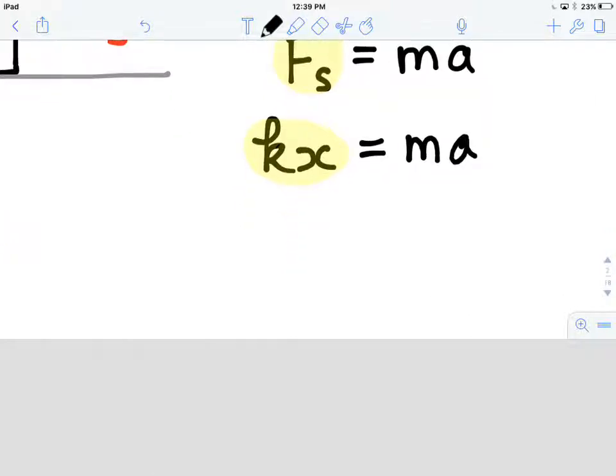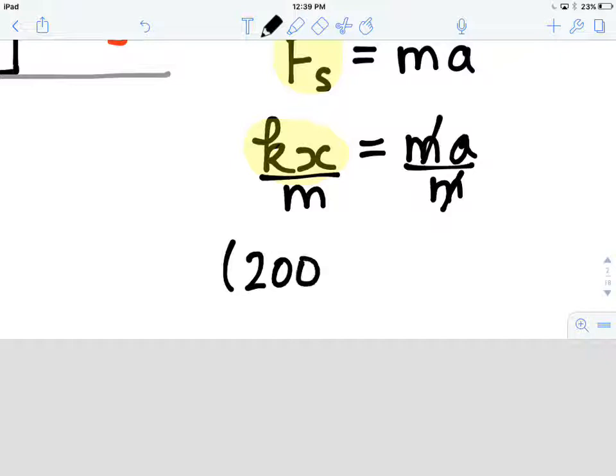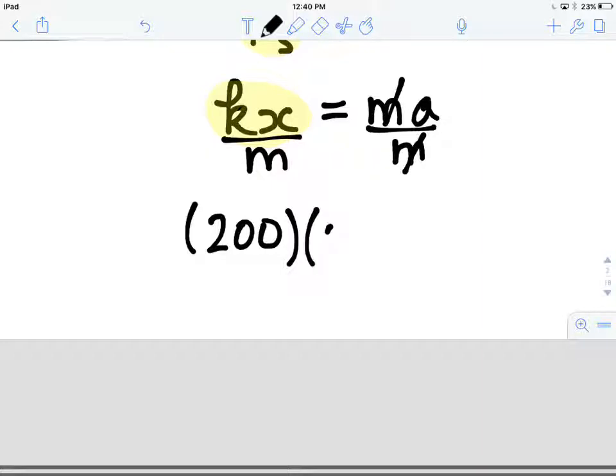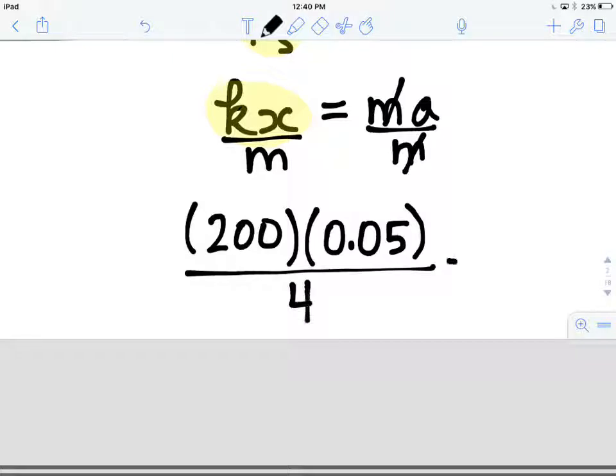And if we divide both sides by m, we can see right away that the acceleration is k times x divided by m. So we've got 200 newtons per meter as our spring constant. The initial compression of the spring was 0.05 meters, and the mass was 4 kilograms.